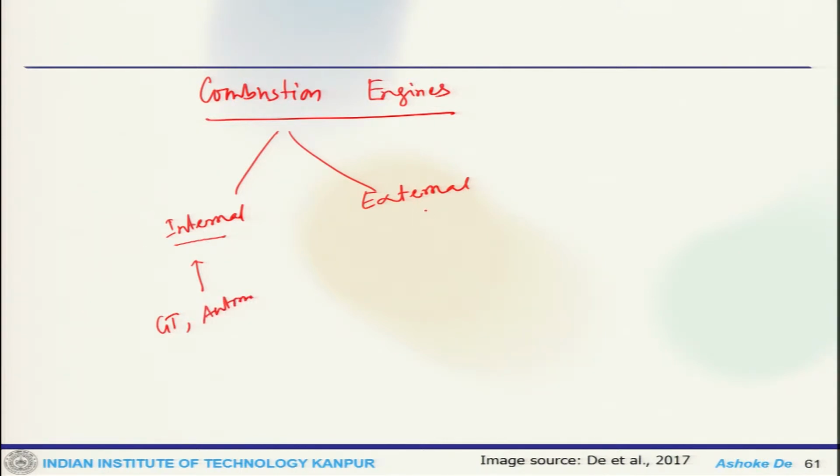We will also look at the external combustion engines. The working principle of internal and external are quite different, especially in the nature of the working fluid. That makes them quite different from each other.